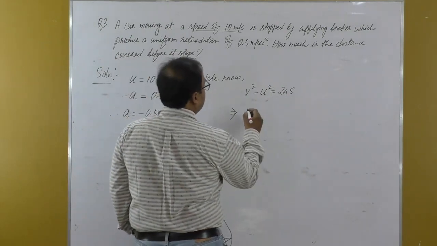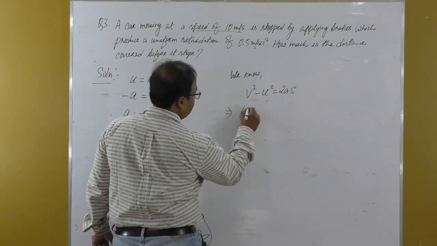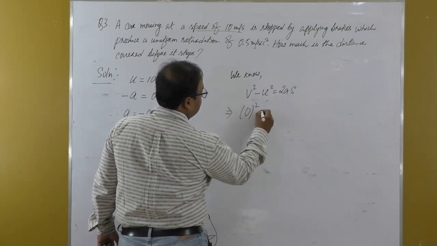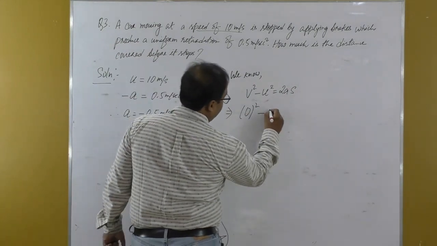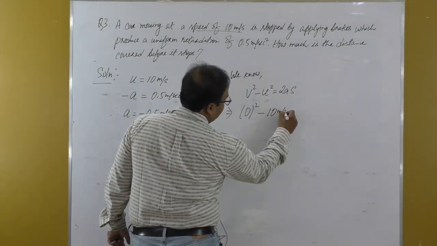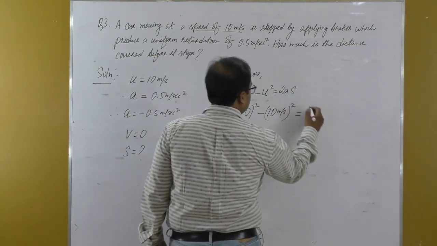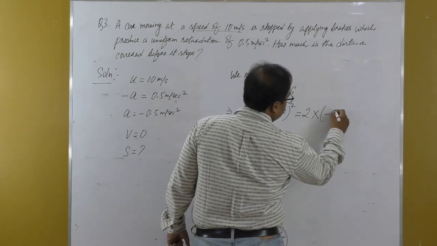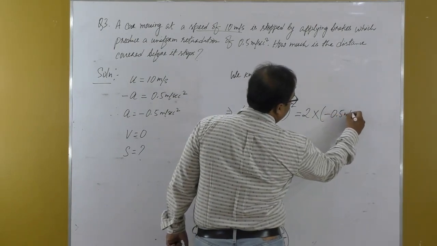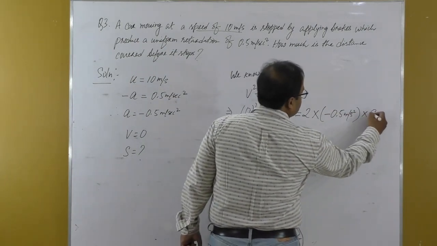So final velocity given here, it is 0, so we can write 0 square minus initial velocity, it is 10 meter per second, so 10 meter per second whole square. Then 2 into acceleration given here, it is minus 0.5 meter per second square, and you are asked to calculate distance covered.